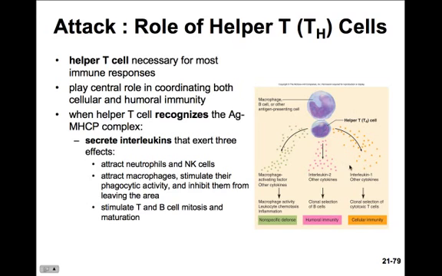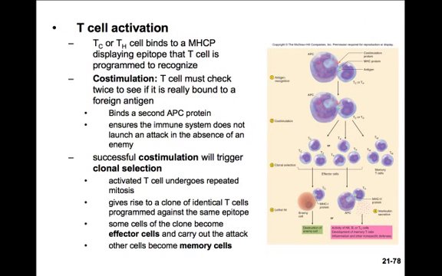And here, for the cellular immunity, we'll see that interleukins cause clonal selection of cytotoxic T cells, and thus cellular immunity. So in essence, the T helper cells act to communicate and activate all the other means of defense, whereas the cytotoxic T cells just get right to work.